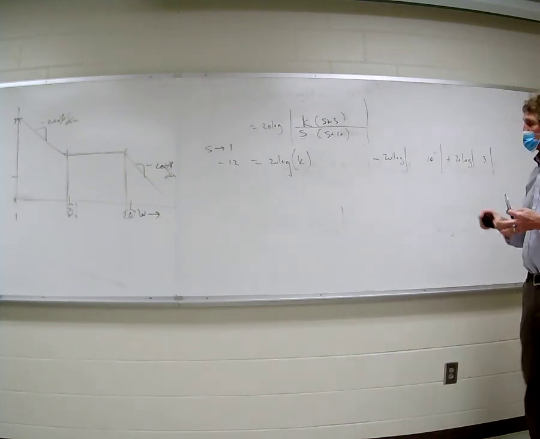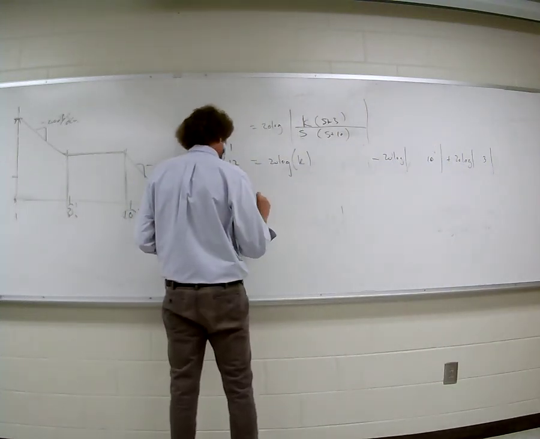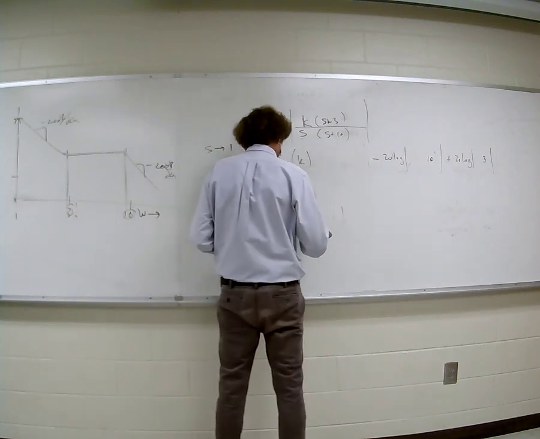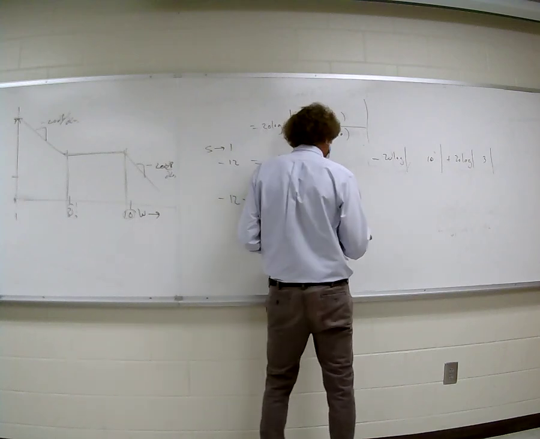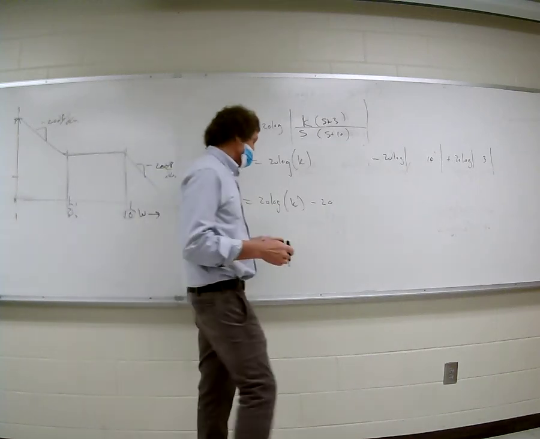What is the log? Let's do it this way. I got minus 12 equals 20 times the log of k. And then it's going to be minus 20 times the log of 10. What is the log of 10? 1, so it's just minus 20.